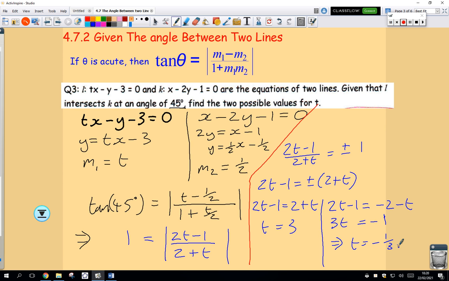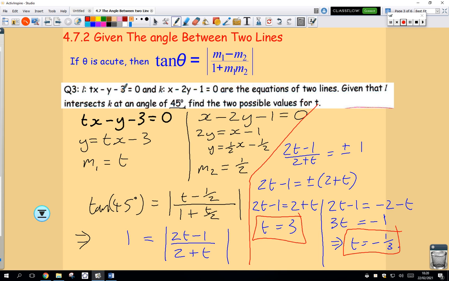So the two possible values for t here are t equals 3 and t equals negative 1/3. So 3x minus y minus 3 equals 0 will intersect the line k at 45 degrees, but so will the line negative 1/3 x subtract y minus 3 equals 0.